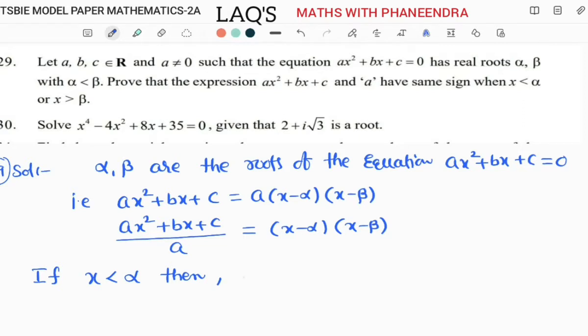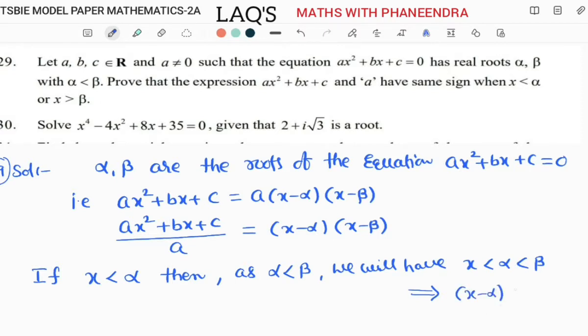So from these two conditions we have x is less than alpha, obviously less than beta also. So x is less than alpha is less than beta, we have x minus alpha is less than 0 and x minus beta is less than 0.